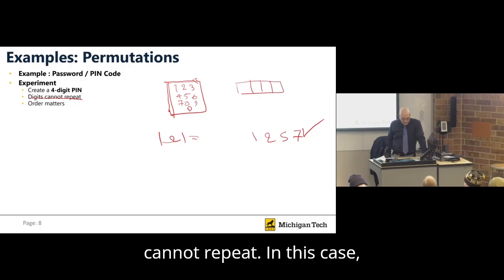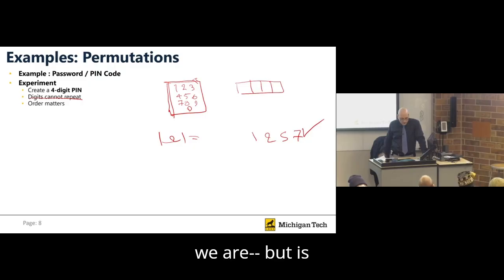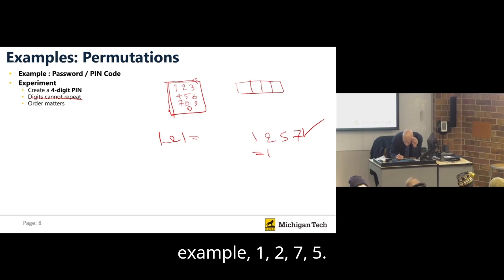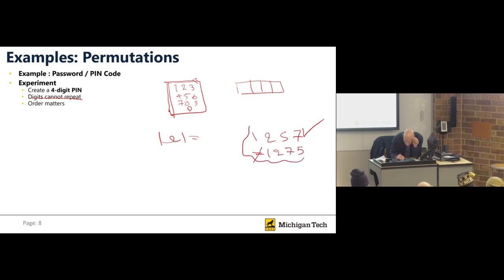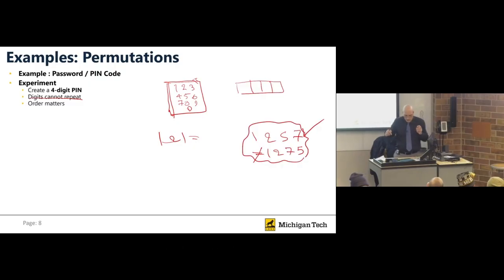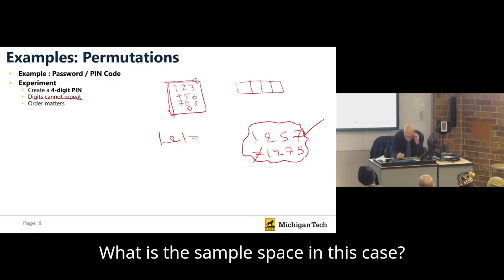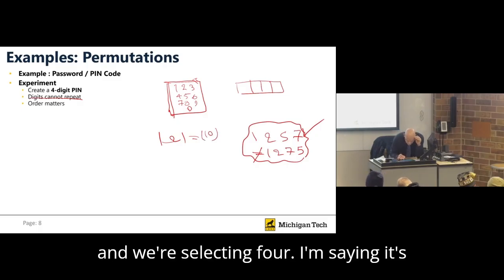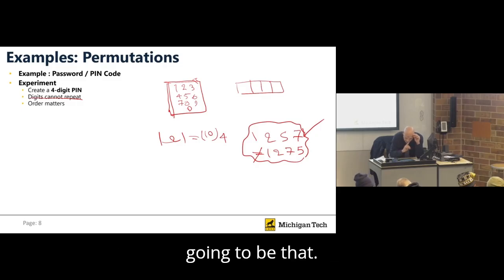In this case, order is important. This is not equal to, for example, 1, 2, 7, 5. These two are not equal. So what is the sample space in this case? We have 10, and we're selecting 4. I'm saying it's going to be that.